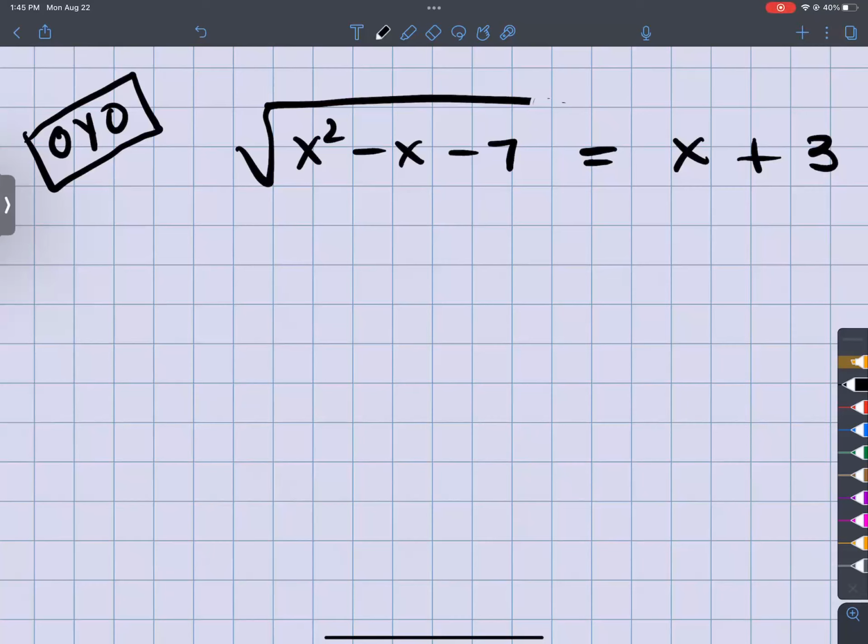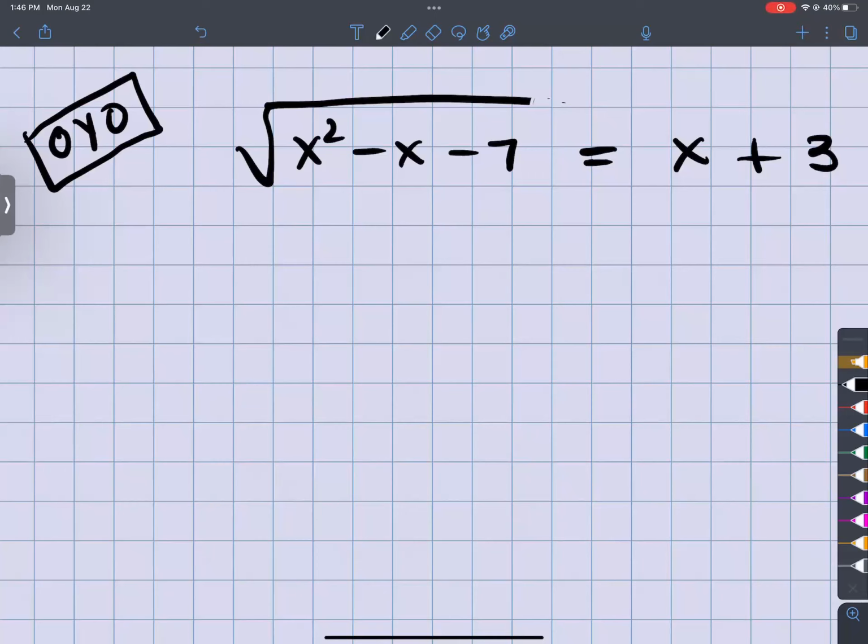All right, so now we gotta figure out why you got that. Oh, true. I subtracted it. Let's see. Yep. X squared minus x minus 7, and then you gotta FOIL this side.